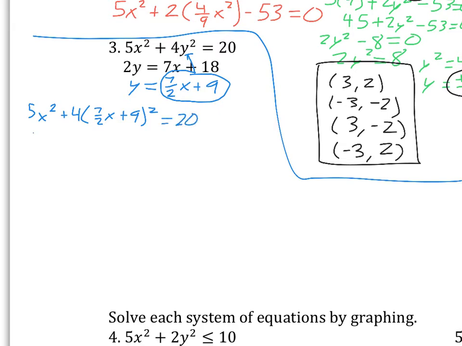Now we have to FOIL what's in parentheses. 7 over 2 x times 7 over 2 x is 49 over 4 x squared. 7 over 2 x times 9 is 63 over 2 x, and we have another one of those. And then 9 times 9 is 81.